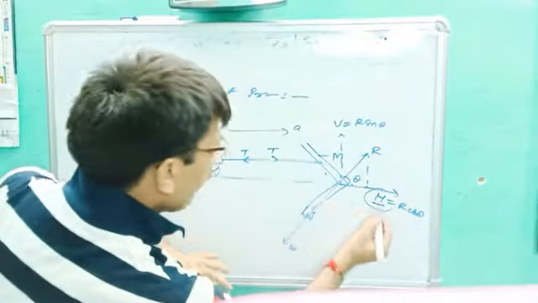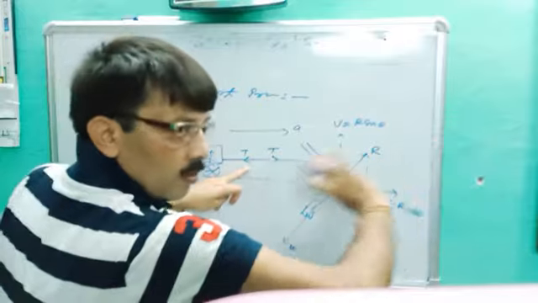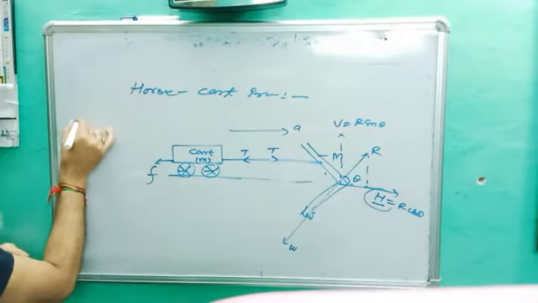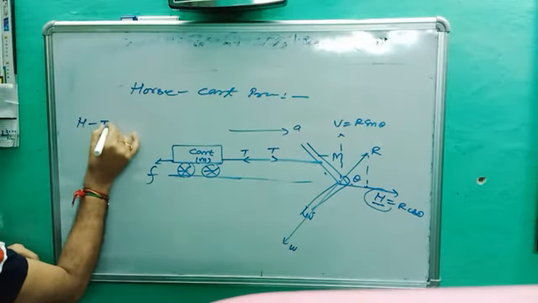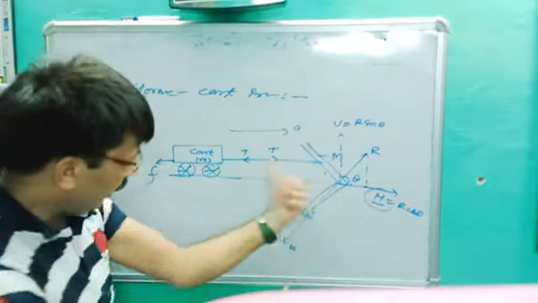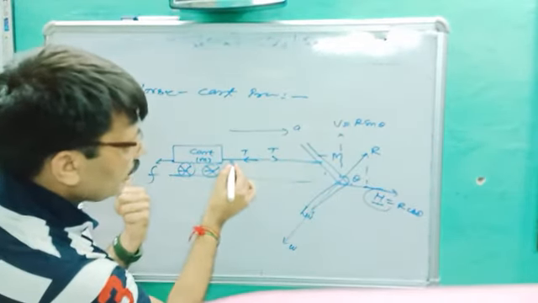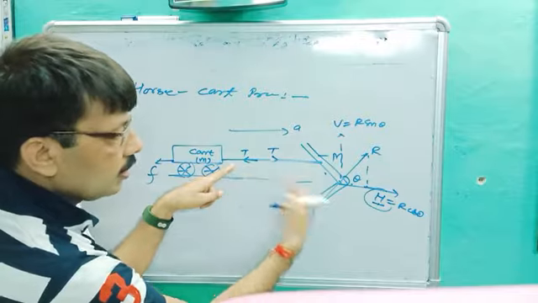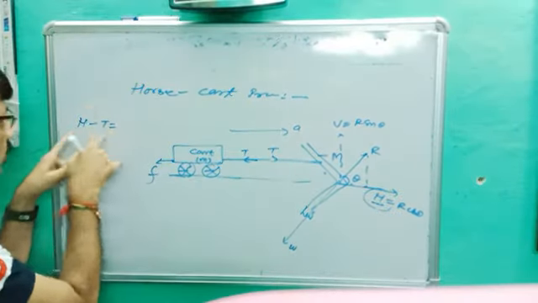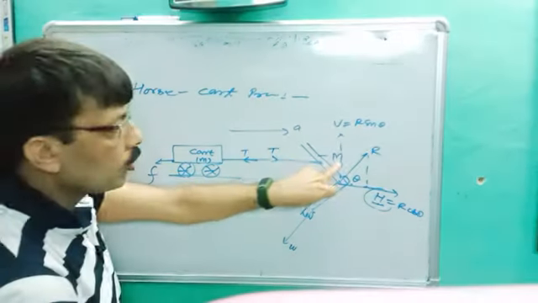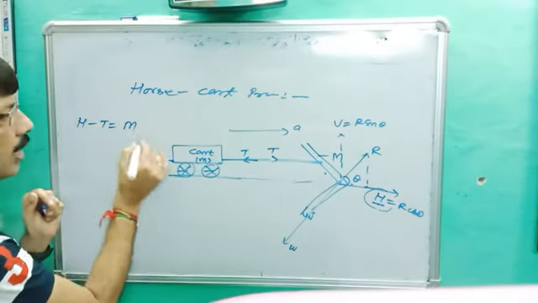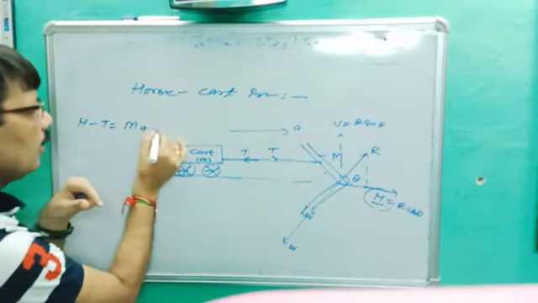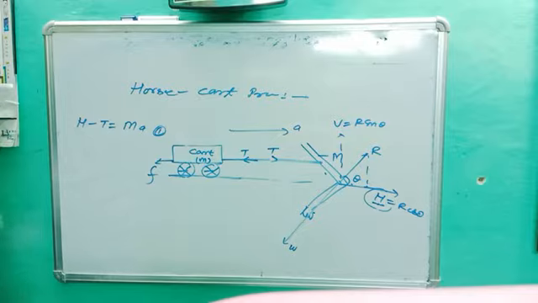It is possible when H is greater than T, then horse will go ahead. So what we get? H minus T is equal to, you better know, action and reaction. H minus T, tension is that side. H minus T is equal to F, is equal to ma. What is the total mass? Total mass is capital M, and acceleration is A. Equation number first. Are you getting the point?